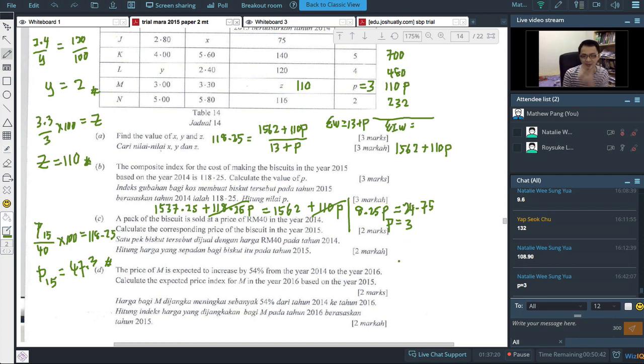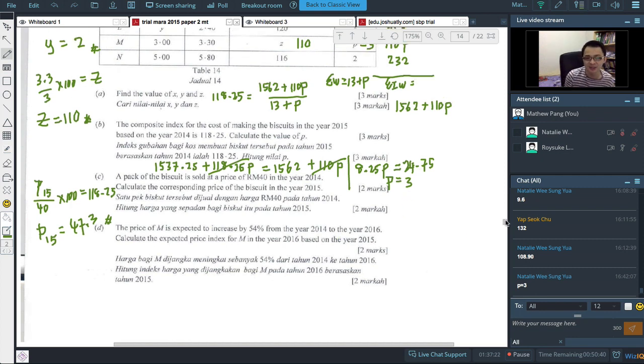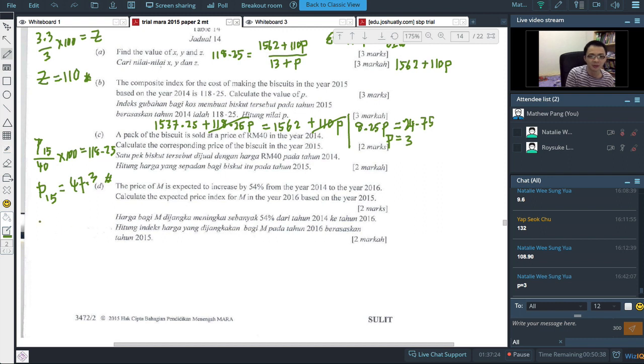Alright, this one is a bit different, but it's still the same idea. So what I know is the index number for 16 over 14 will be 154%. So therefore I know price for 16 over price for 14 equals 154 over 100. Alright, first information I have.